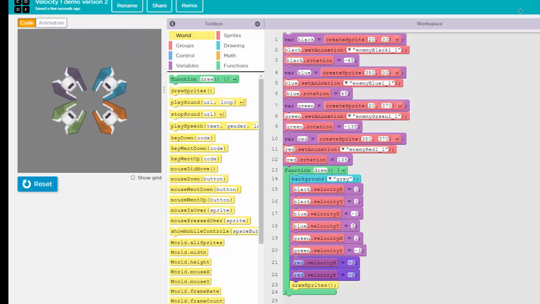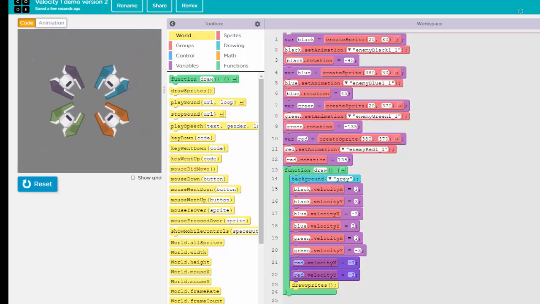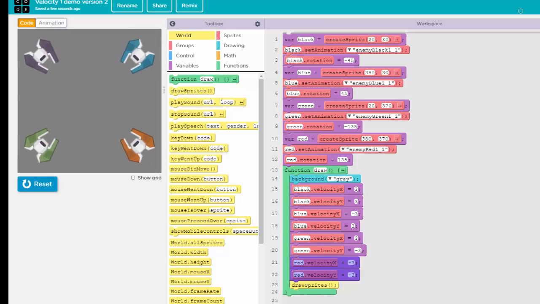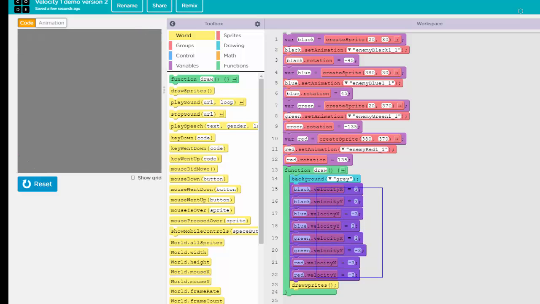Now, all you have to do is have a program where there are 4 moving objects, and like I said, they don't have to all look different. You could make it so all the objects look the same. That would be okay. But they all have to move in a different direction, and you're going to accomplish that by assigning them velocity x or velocity y, or a combination of velocity x and velocity y.